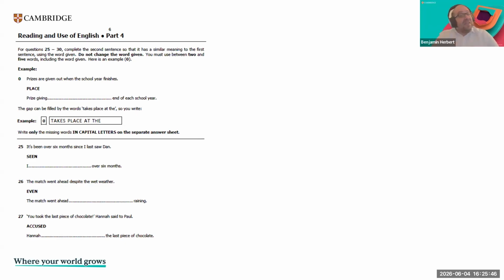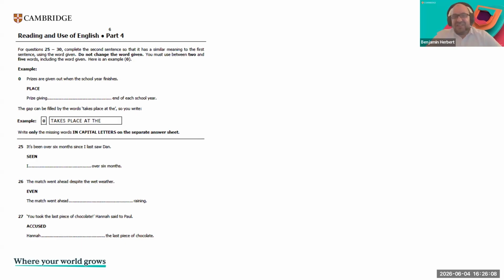The idea is that in this task, the learners are given a sentence. The example sentence here is, "Prizes are given out when the school year finishes." They are also given a word in capital letters. Here the word is PLACE.